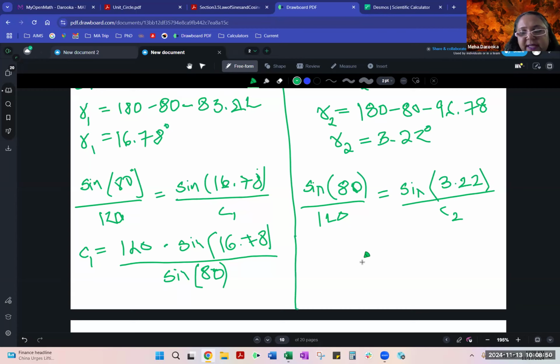As you are getting C sub 2 by itself, pretty much the similar thing here, you would be taking 120 and multiplying it with sine of 3.22 degrees, and dividing that by sine of 80 degrees.